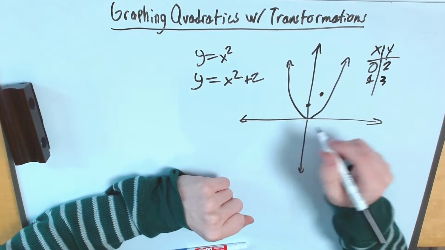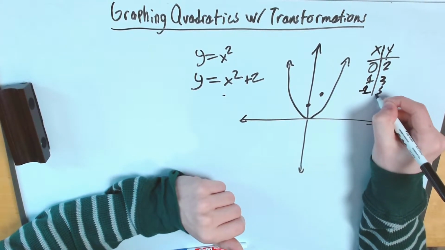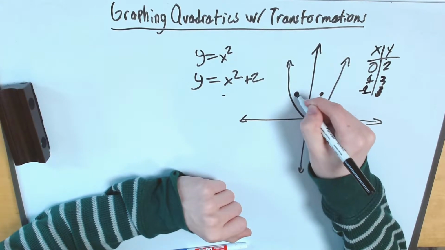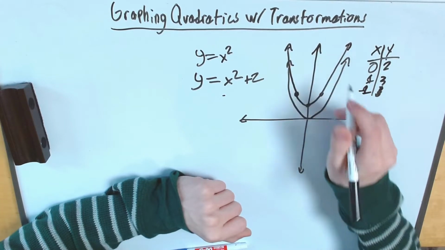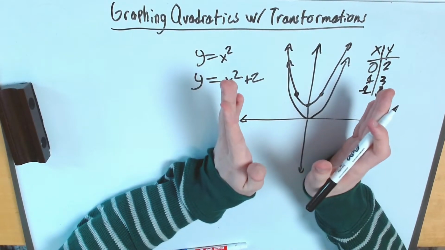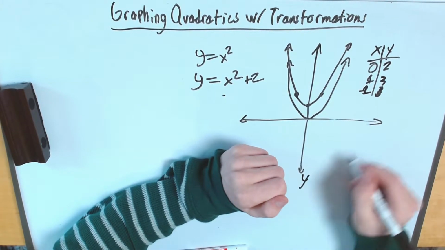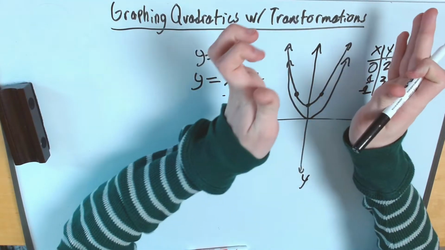I plug in negative 1, I get 3 again, because that negative 1 squares out to become positive. And so we basically get the exact same graph, except moved up 2 units on the y-axis, right? We basically took x squared and we shifted it up 2.